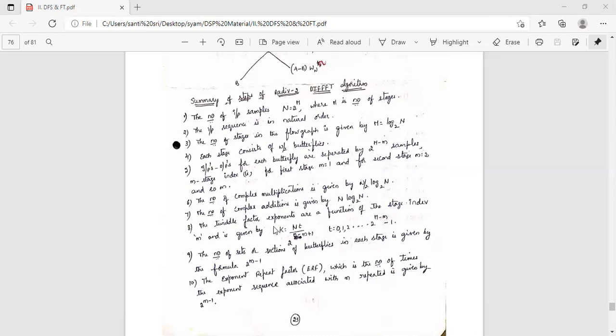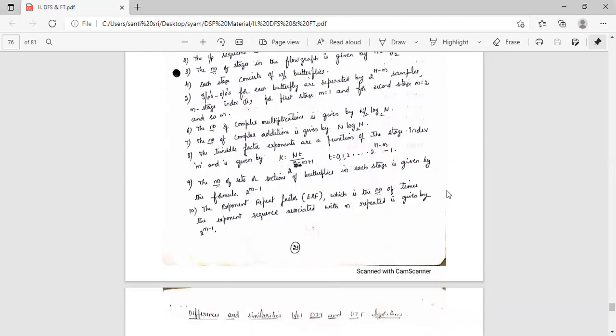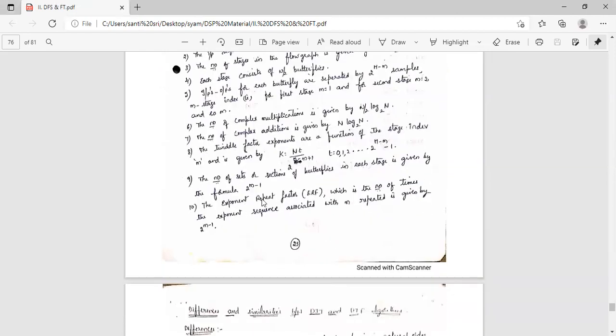The twiddle factor exponents are a function of the stage index m, and are given by k equal to N t by 2 power M minus m plus 1, where t varies from 0 to 2 power M minus m minus 1. The number of sets or sections of butterflies in each stage is given by 2 power m minus 1.